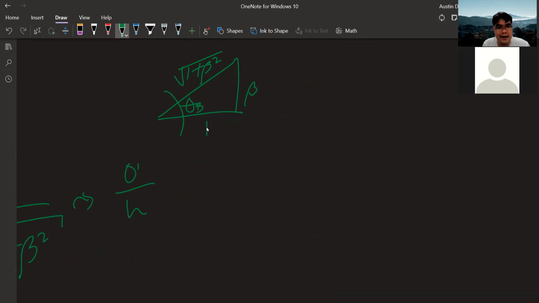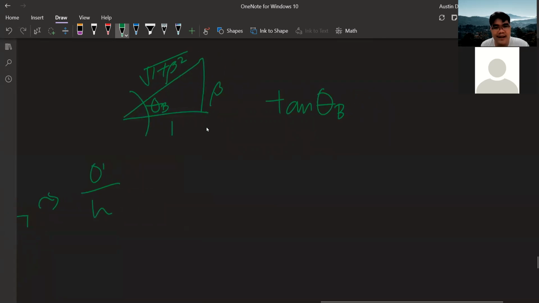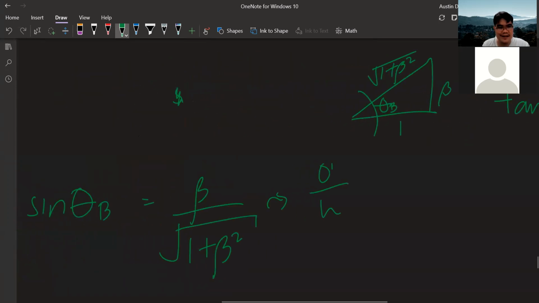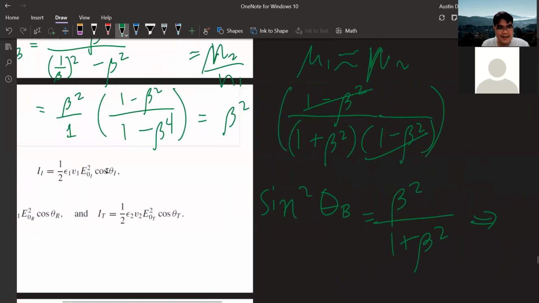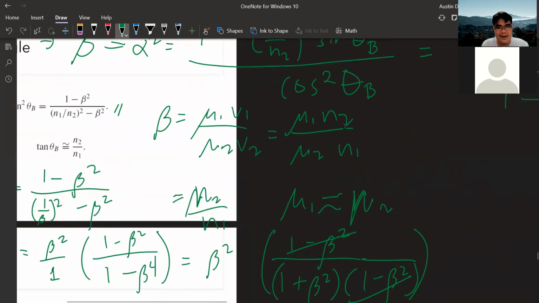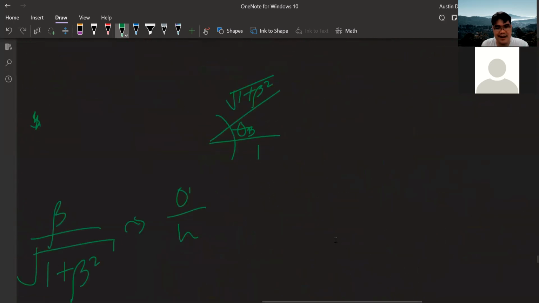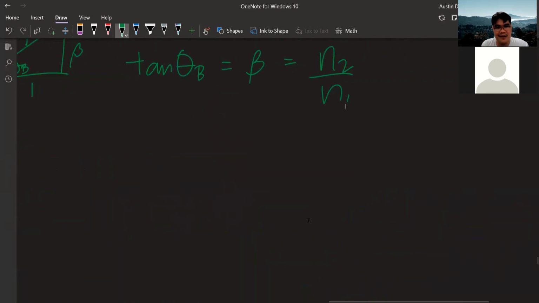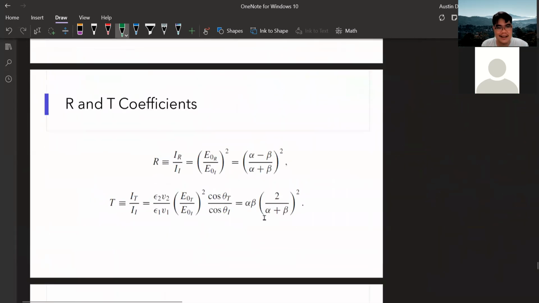Therefore, I can relate this guy by tangent theta b. Opposite over adjacent, so that's beta na lang. And this is n2 over n1. Okay, so that is your Brewster's angle.